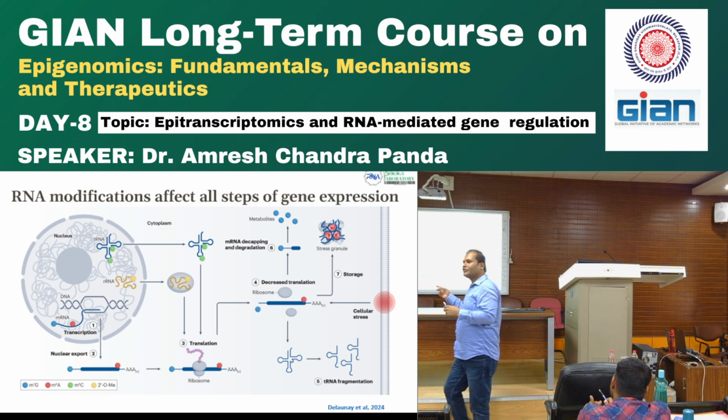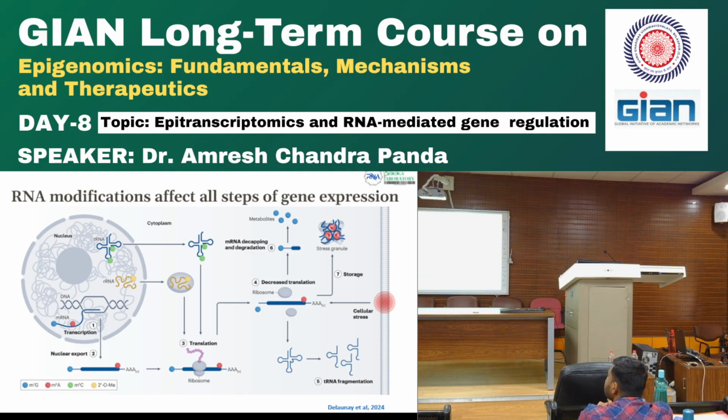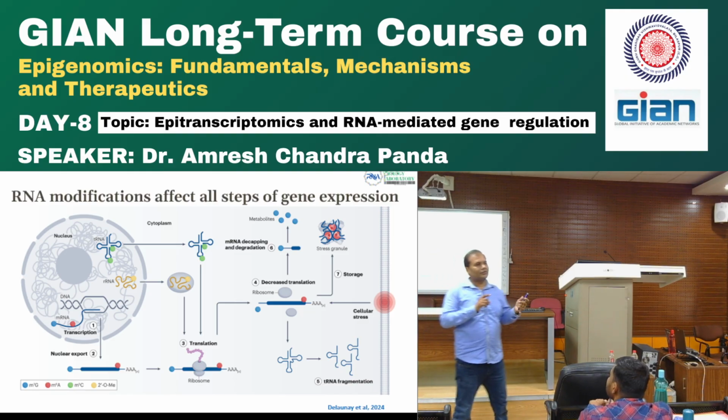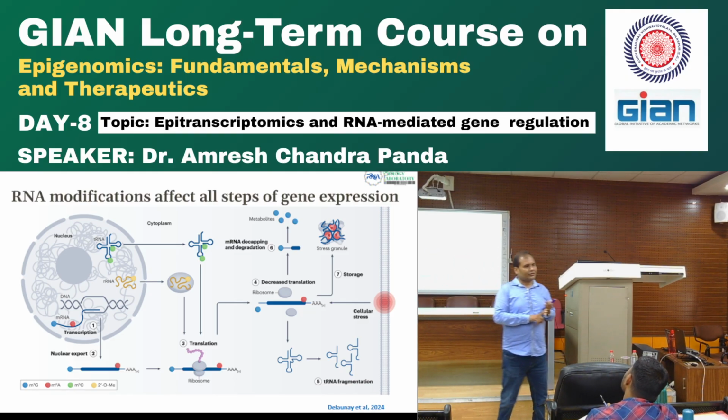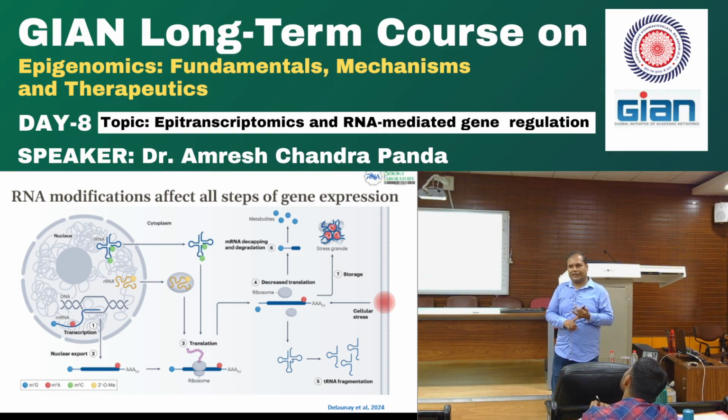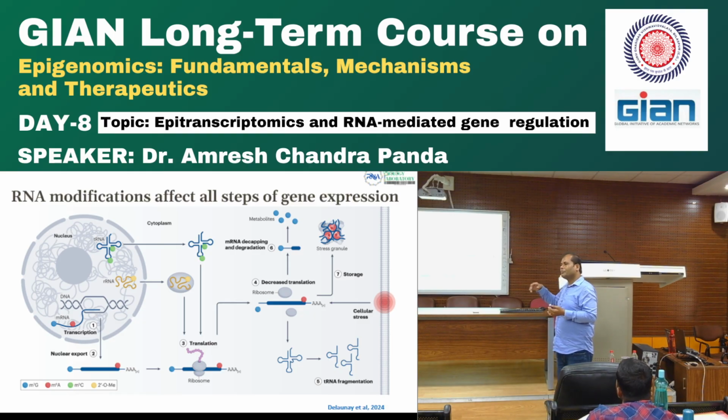So these modifications affect the stability and translation of the mRNAs. So all these modifications regulate the expression from DNA to splicing or to making the protein. So all these steps are regulated by the modifications. So we have discussed this, right?